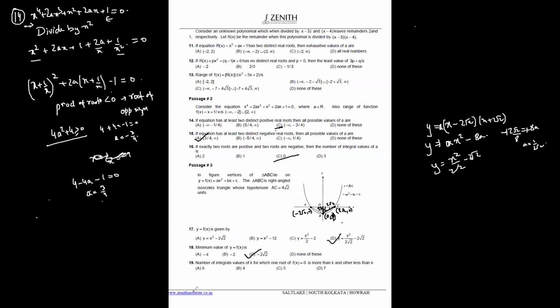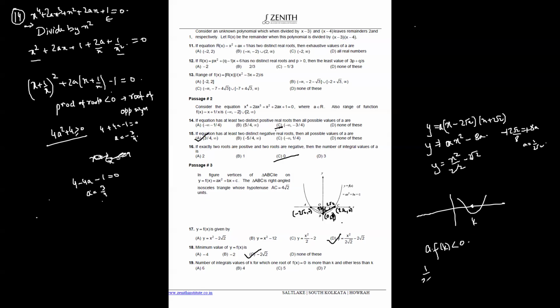And the last one is the number of integral values of k for which one root of fx is more than k and the other is less than k. So basically k lies between the roots. For k to lie between the roots, a into f of k has to be less than 0.